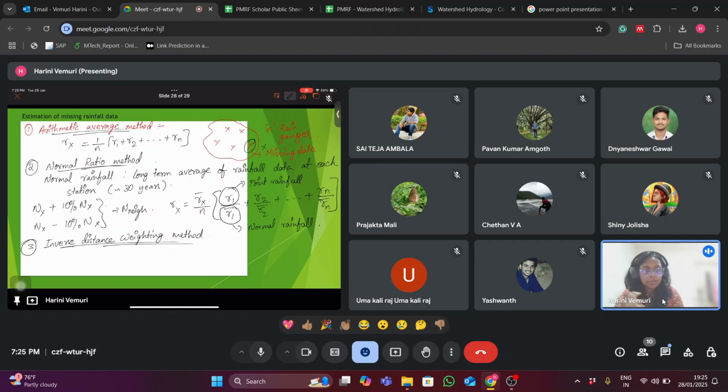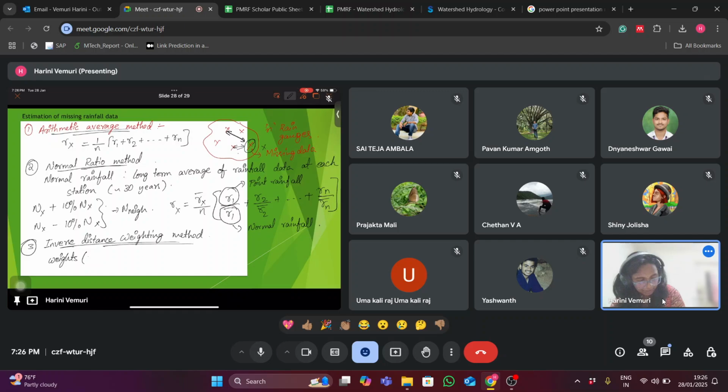These weights are assigned based on the distance. Suppose from the station X, what is the distance to station I? Based on this distance, we will assign a weight for this station. And based on the distance between station X and some station J, we will find the weight for that particular station and calculate the value so that we can fill these missing gaps.